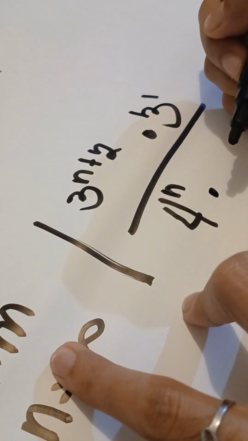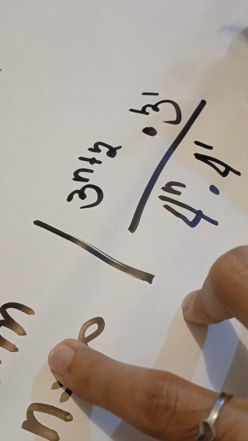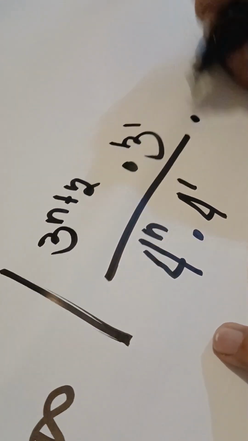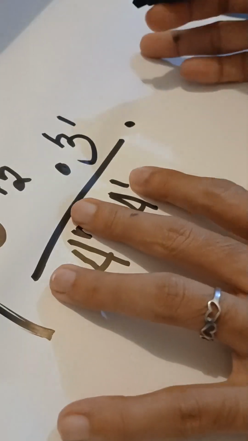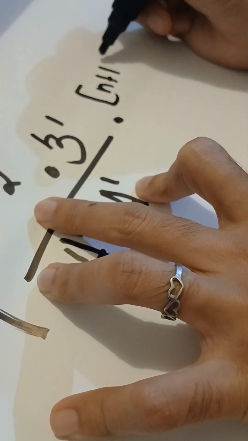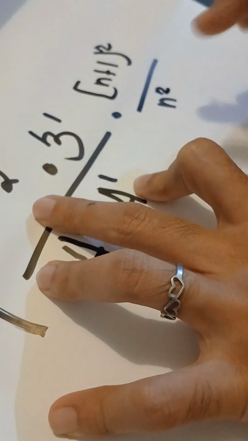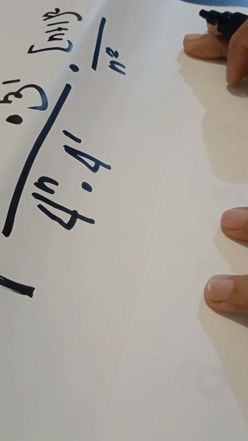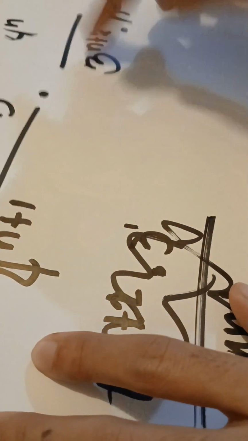The quantity of n plus 1 raised to 2, we're just going to copy it. We have n raised to 2 there because we're going to take the n raised to 2 over there. We're going to move it, and everything else I'm just going to leave the way it is.